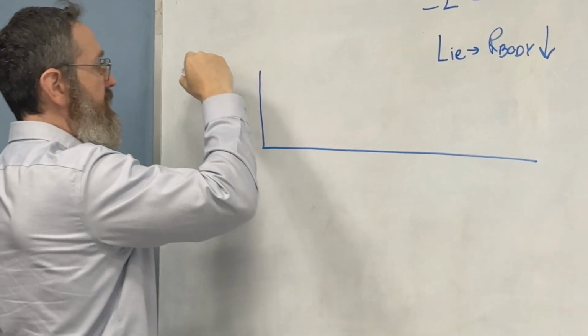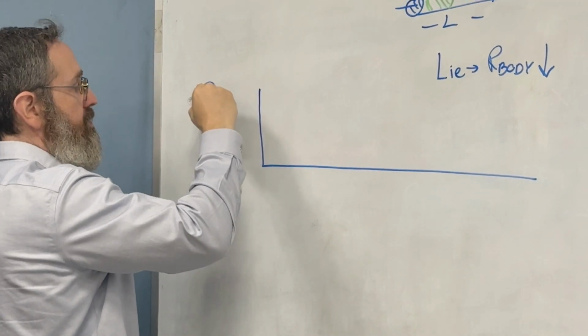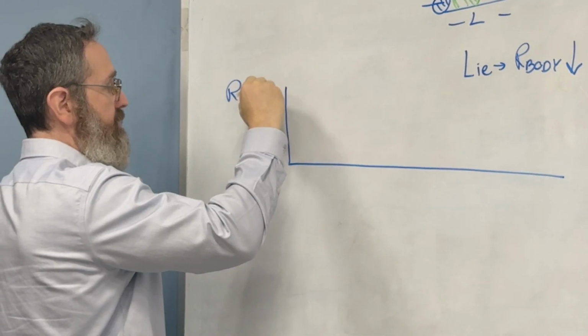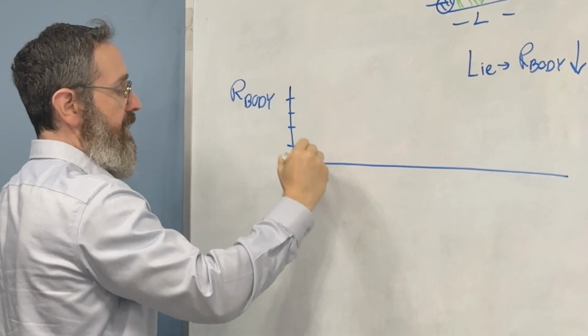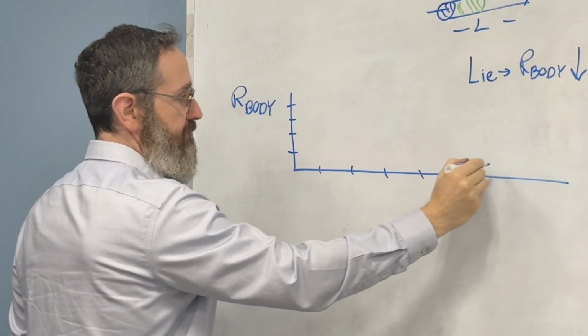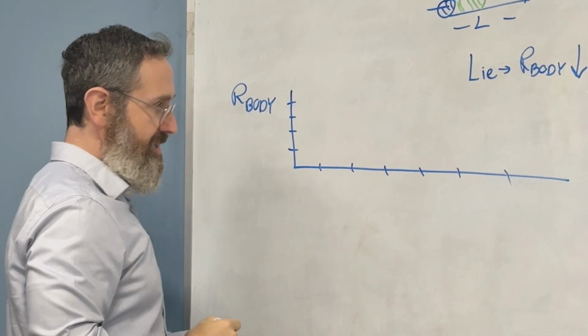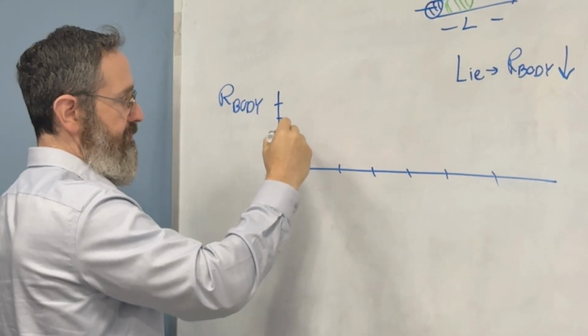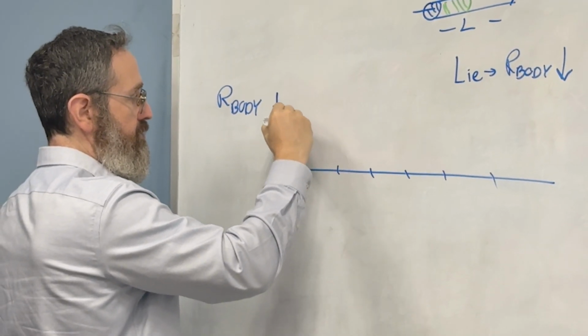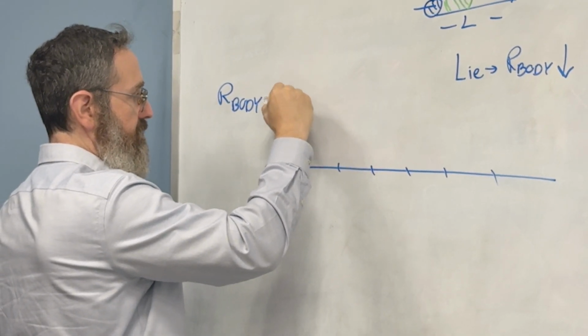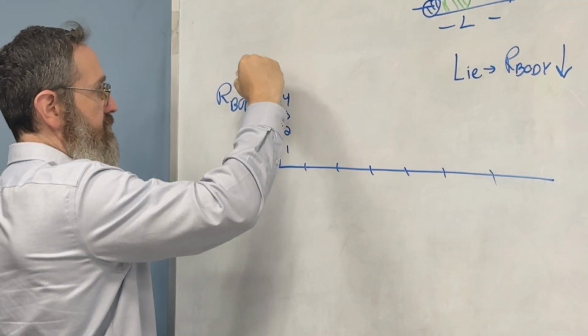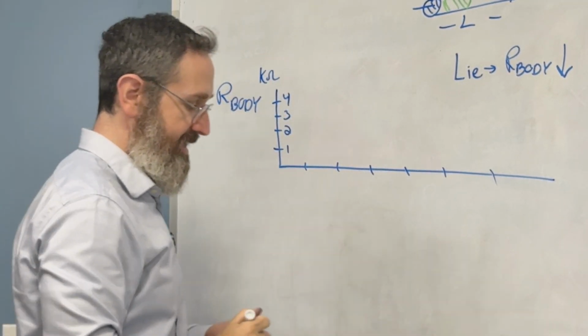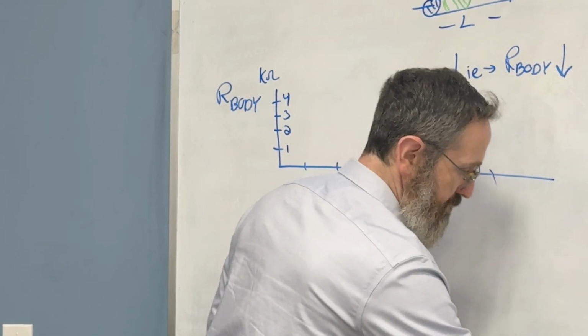You don't know it, but I know it because I'm making it up. Let's say our body is at, we'll call this 1, 2, 3, 4. These are the kilo ohms here, and again, it's just for example purposes.